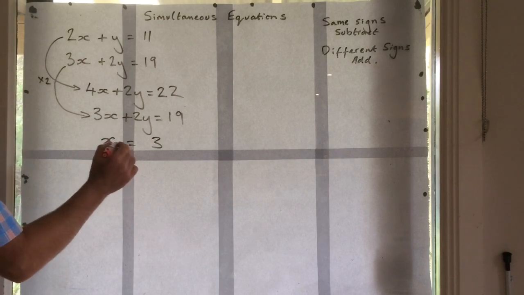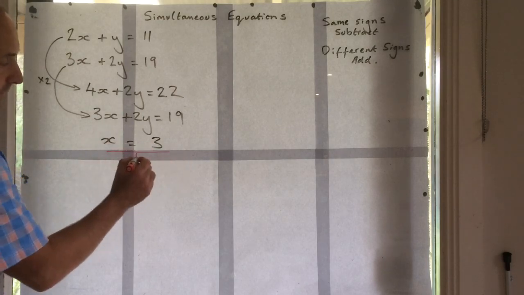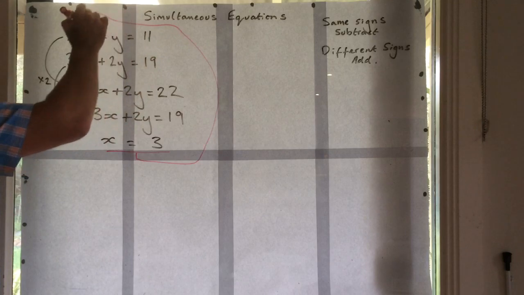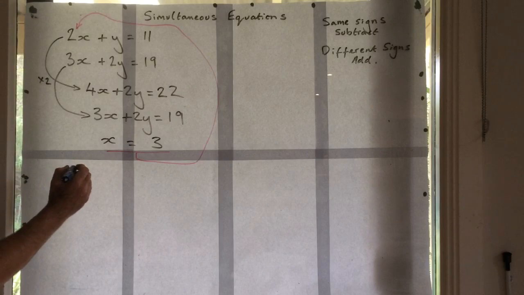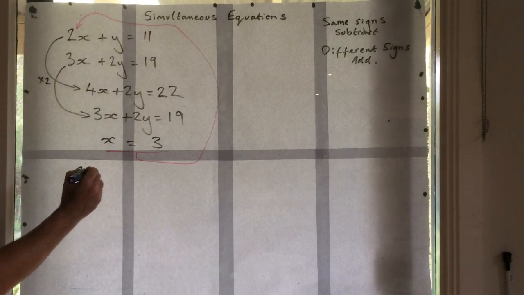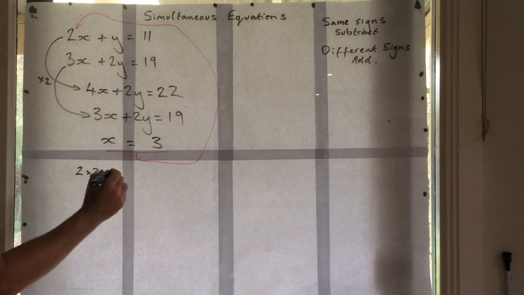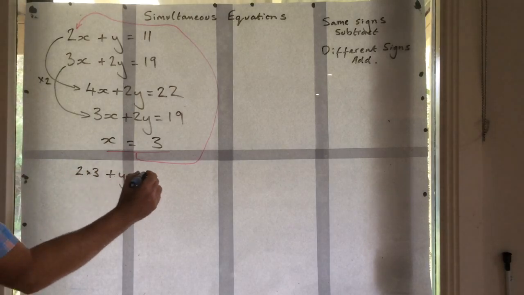If I put x equals 3 into there, that means 2 lots of 3 plus y equals 11. So 2 lots of 3 plus y equals 11.